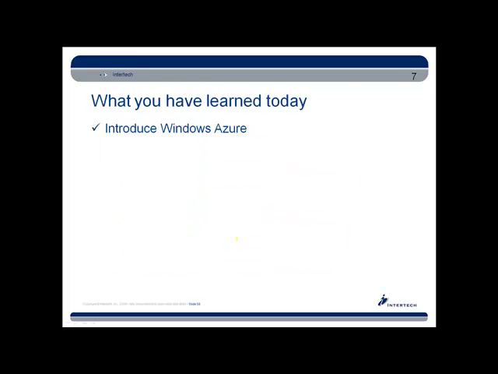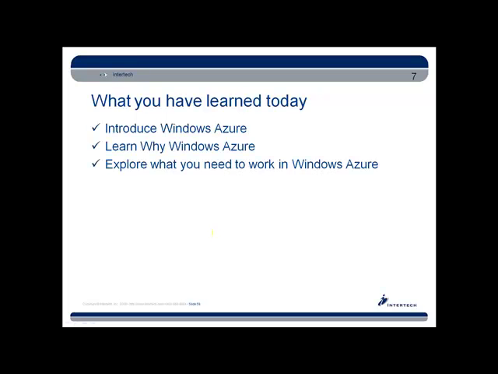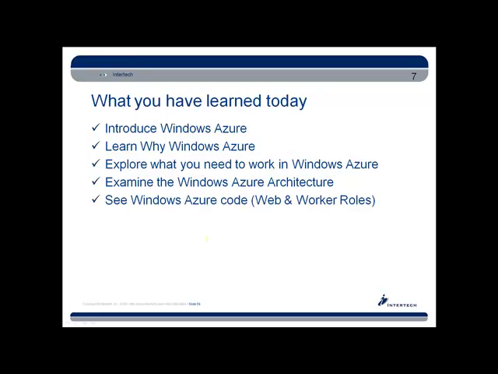So what have we learned today? Well, we learned a little bit about Windows Azure and why we might want to move to Windows Azure. We've also started to explore some of what you need to get up and running, getting applications and data moved into the cloud, in particular things like Visual Studio and the Windows Azure SDK. We've looked at the Windows Azure architecture, how things are running inside of the cloud with regard to the Fabric and the Fabric controller, and how that's simulated with the Dev Fabric and Dev Storage.